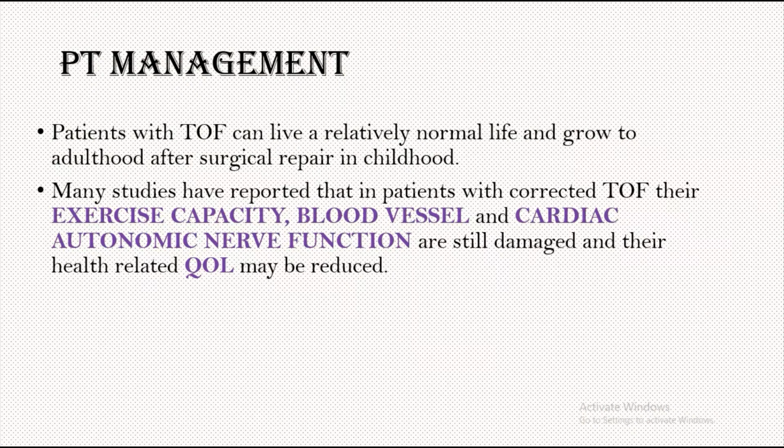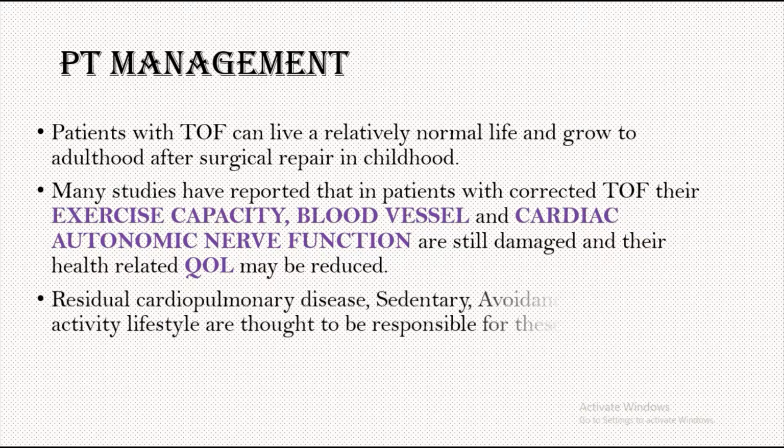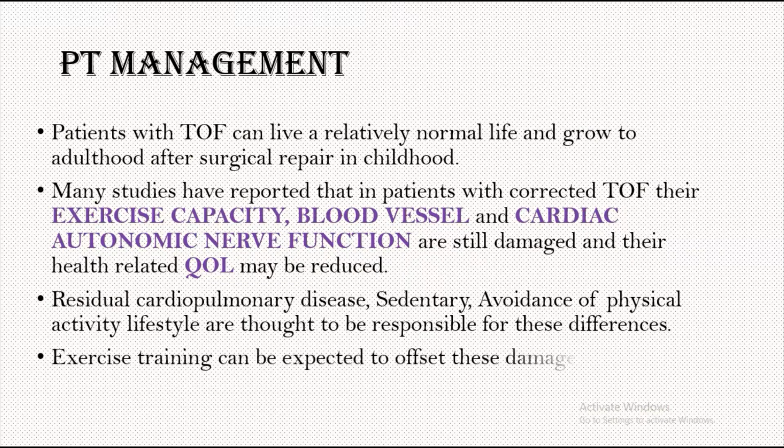Many studies have reported that in patients with corrected TOF, their exercise capacity, blood vessel, and cardiac autonomic nerve function are still damaged and their health-related quality of life may be reduced. The residual cardiopulmonary disease, sedentary lifestyle, and avoidance of physical activity are thought to be responsible for these differences. So exercise training can be expected to offset these damages.